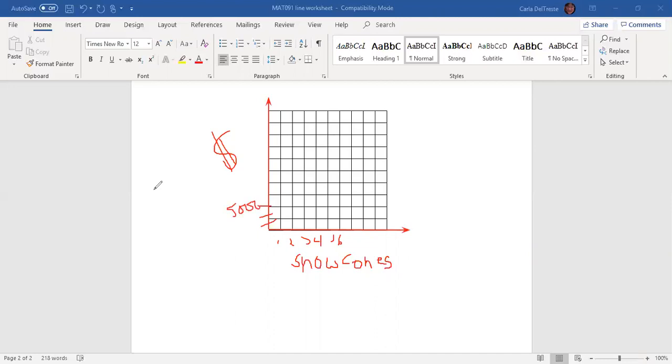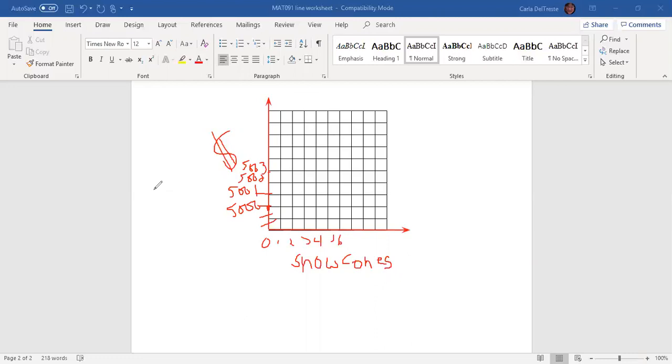And then we can say, okay, this is 5,001, this is 5,002, 5,003, and so on. Now remember, we're charging 50 cents per snow cone. So when I sell 1 snow cone, well, first let's go back to 0. When I sell 0 snow cones, I already know that it costs $5,000 to have the business.